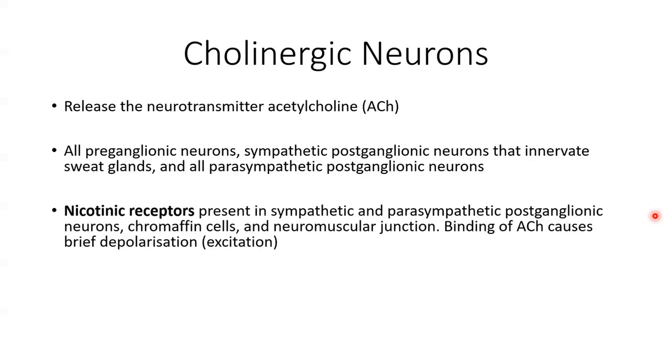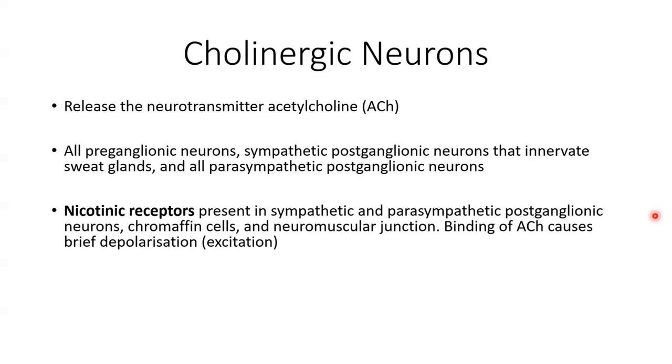Now, acetylcholine is stored in the synaptic vesicles of axon terminals, those little spaces within the axon terminals, and it's released by exocytosis. We talked about exocytosis back in our cells lecture. It then diffuses across the synaptic cleft, which is that small space between the neurons or the neuron and the effector.